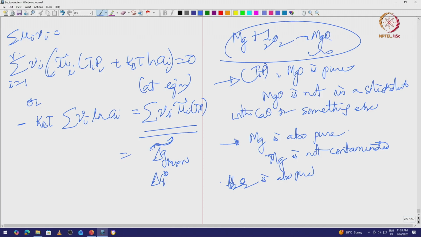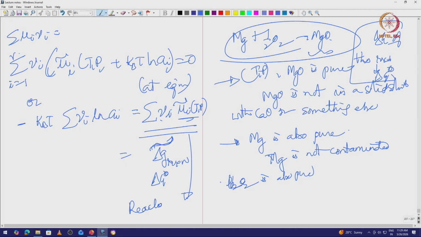Then the delta G of this reaction, right, that is what I am going to call delta G naught. Okay. So, now delta G reaction or delta G naught is the sum of nu I mu I tilde at T and P. This is just for reactants and products that are all pure.